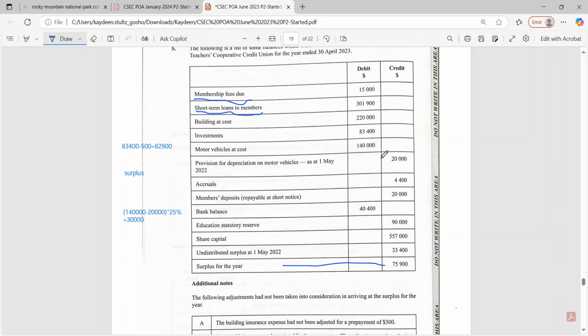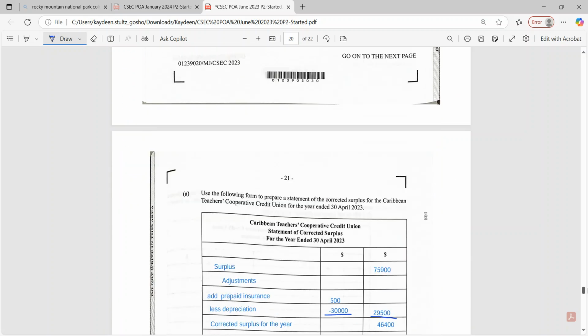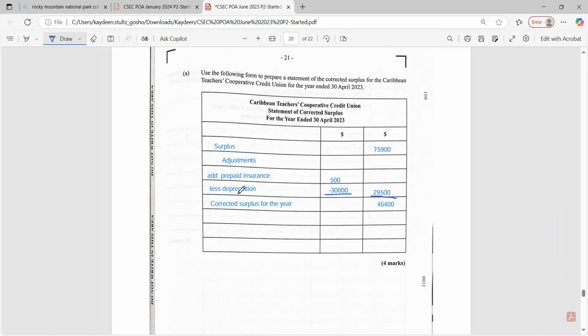So before we can multiply it by the percentage, we have to subtract the $20,000 from it. So we get $140,000 minus $20,000 multiplied by 25%, which will give us a depreciation of $30,000. So that is what we're going to subtract from our surplus. So we say less depreciation of $30,000.